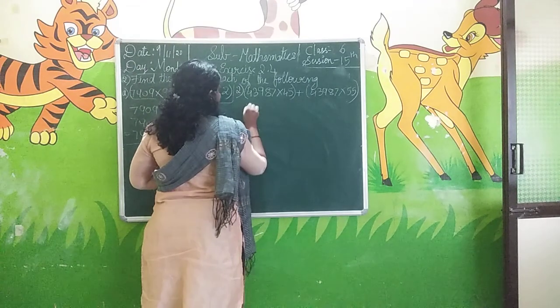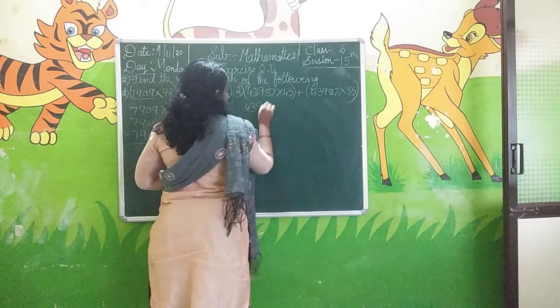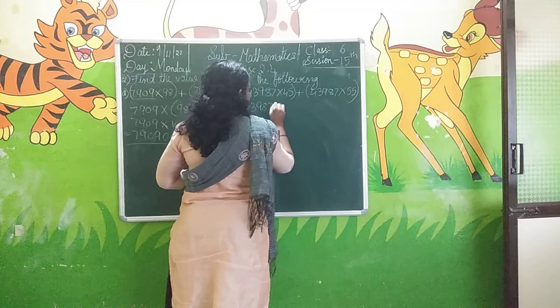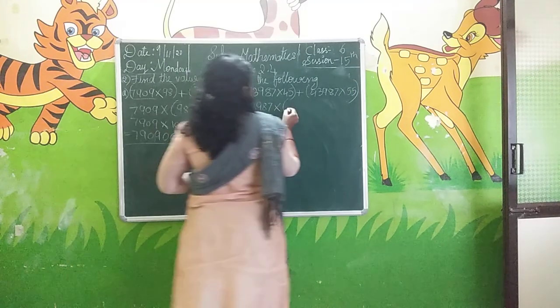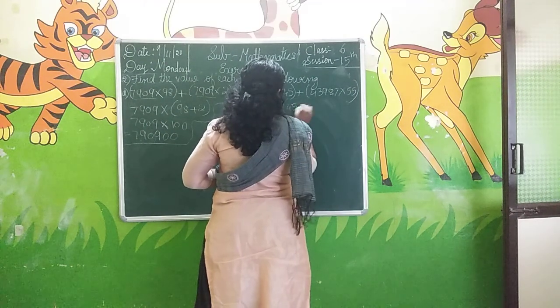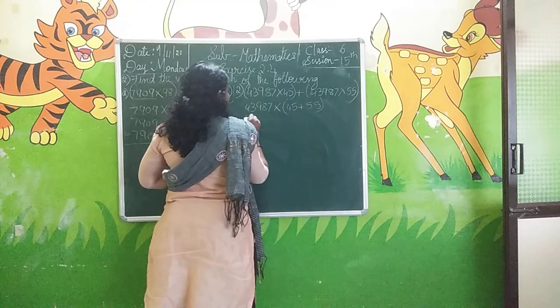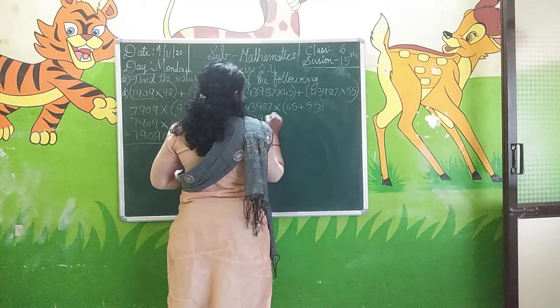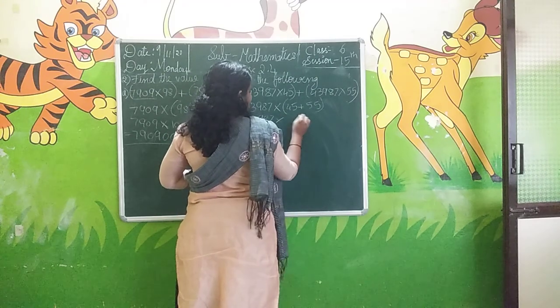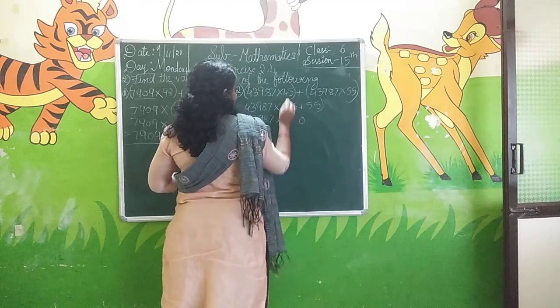Once you take it, 43,987 is multiplied with 45 plus 55. 5 plus 5 is 10, 1 carry, 4 plus 5 is 9, 9 plus 1 is 10.